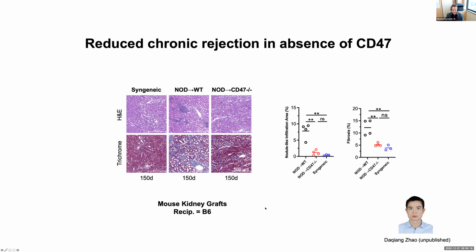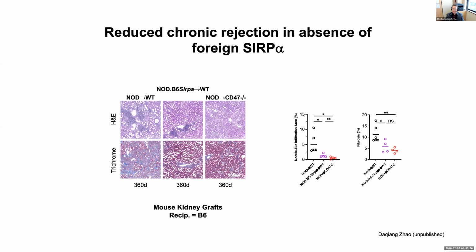So you're basically able to convert, in this specific model, an allogeneic graft into what looks very similar to a syngeneic graft. Likewise, when you get rid of SIRP alpha, in this case we're utilizing the NOD B6 SIRP alpha mouse. So this is a NOD mouse that expresses just the B6 SIRP alpha.